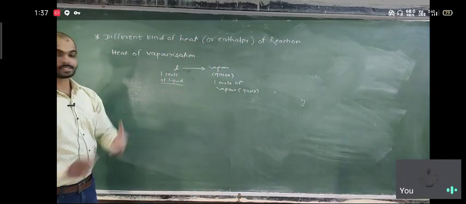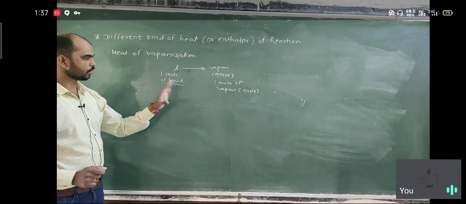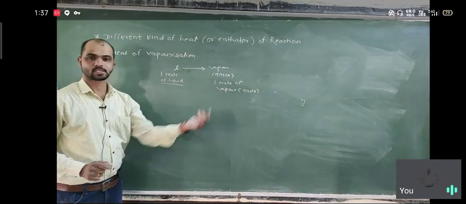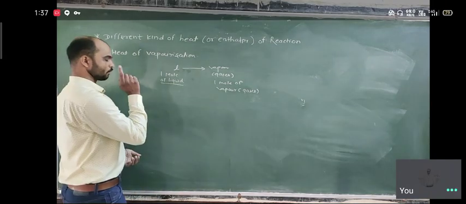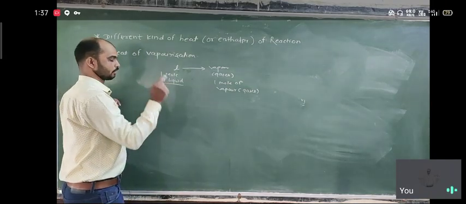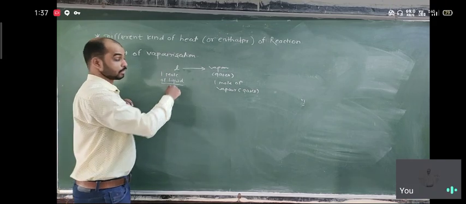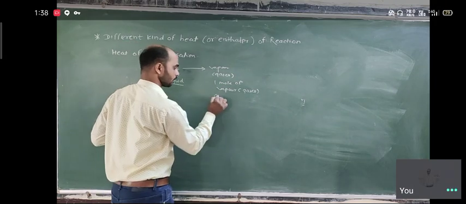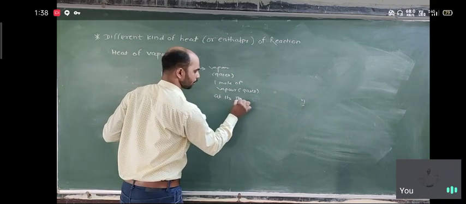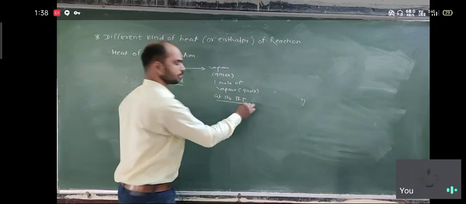So here the liquid converts into gaseous, the process is at boiling point. Boiling point means it is a change in heat when 1 mole of liquid converts into gaseous phase at its boiling point.